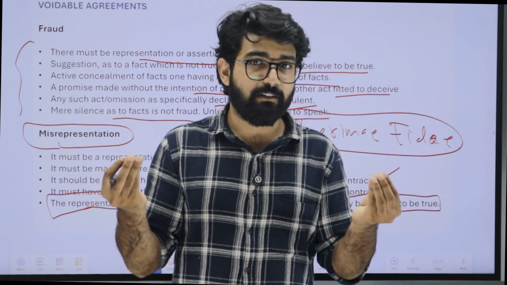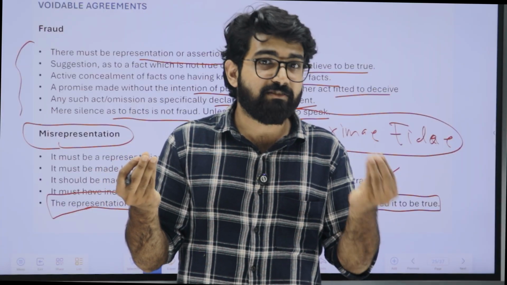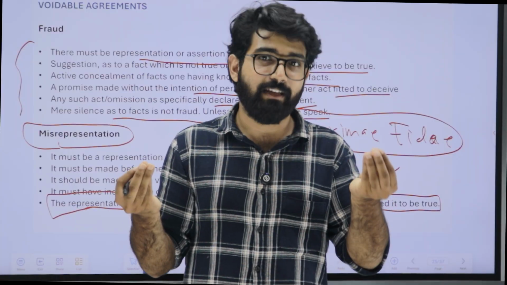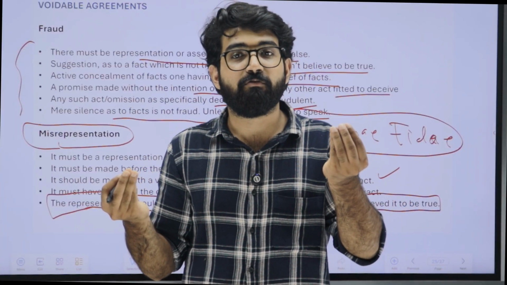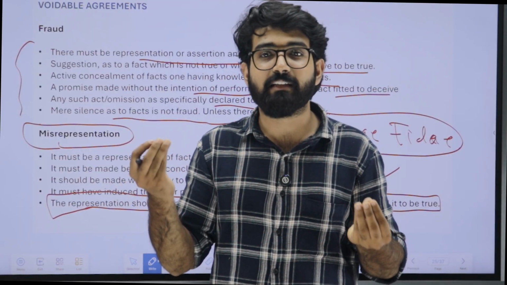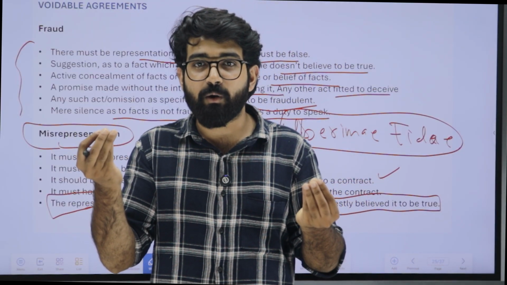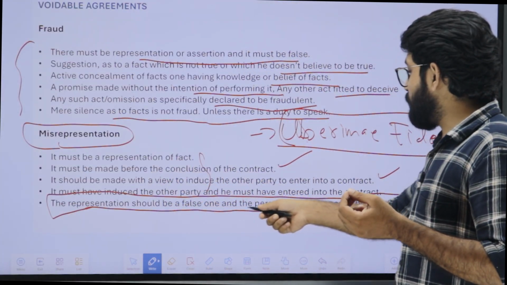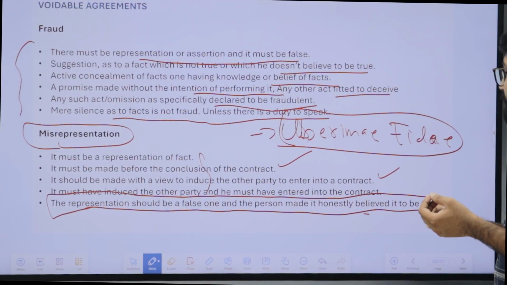But a person making a representation believes that what he is saying is true. He believes what he is saying is true, but it's actually false. He didn't know that. So that is the difference between fraud and a misrepresentation.